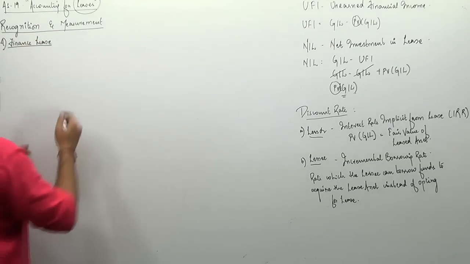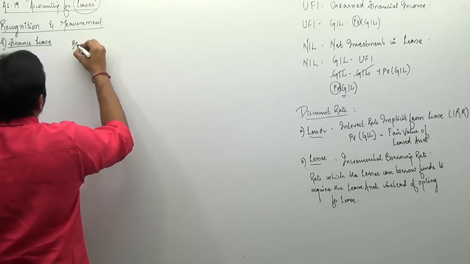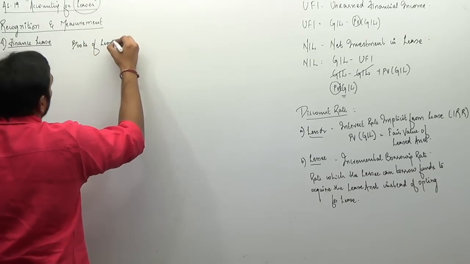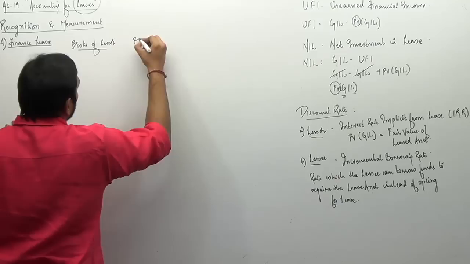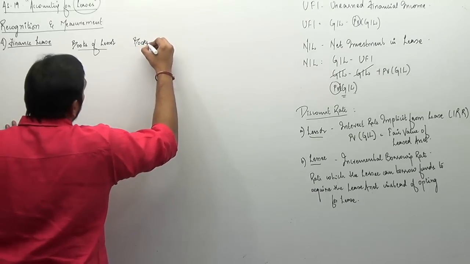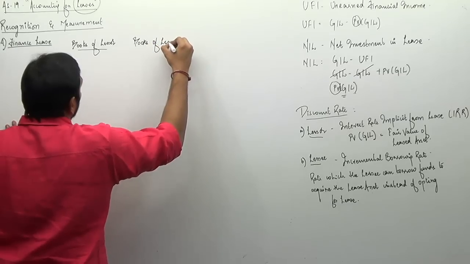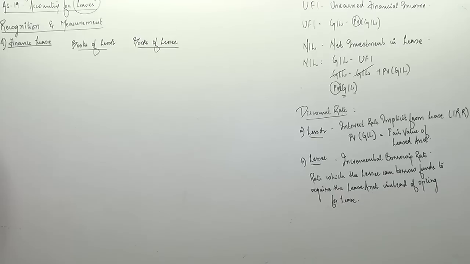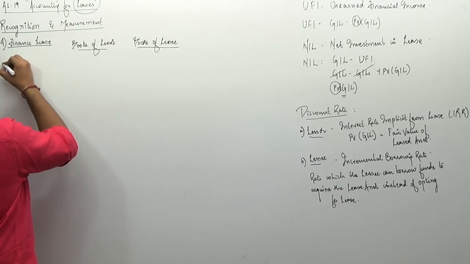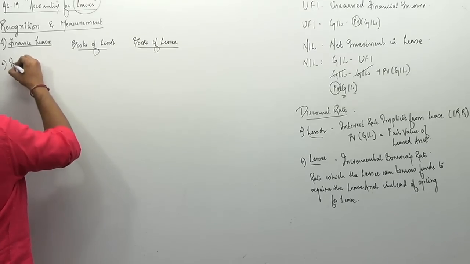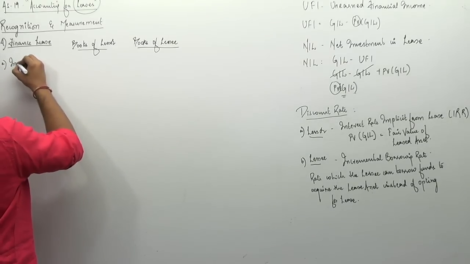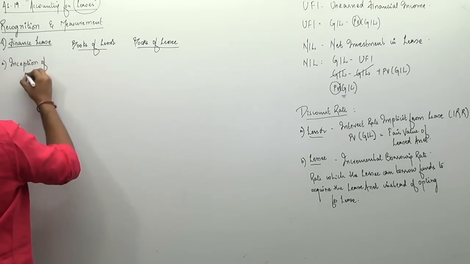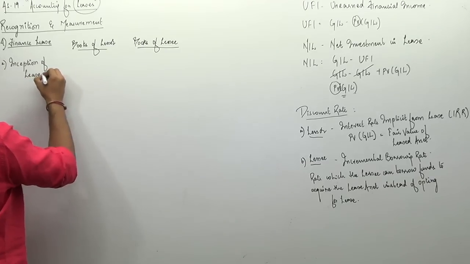Under finance lease, books of lessor, and what is the accounting in the books of lessee? Let's see now. First transaction, first recognition should be at the inception of lease.